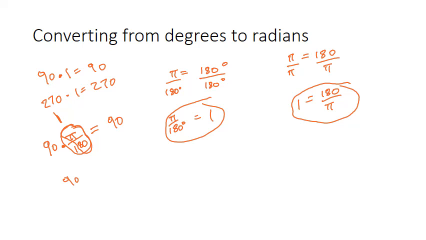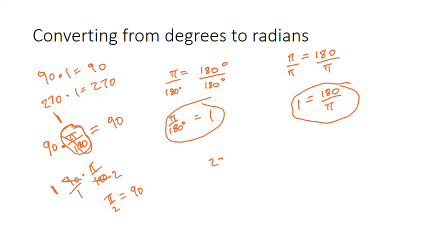So think about what happens if you multiply by pi over 180. This factor and this factor have 90 in common. So 90 divided by 90 is 1, and 180 divided by 90 is 2. So we end up with pi over 2, which is the same as 90.